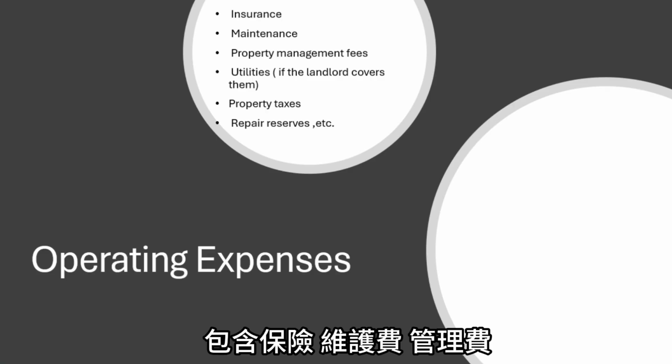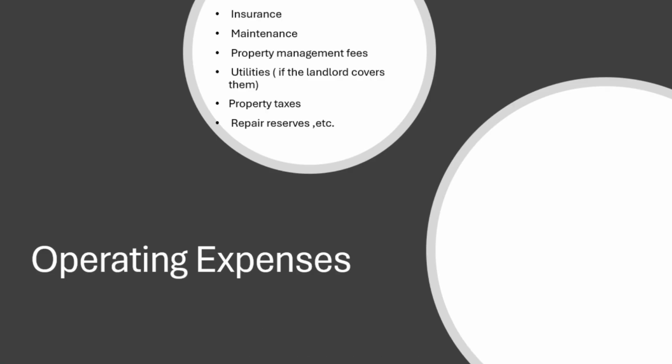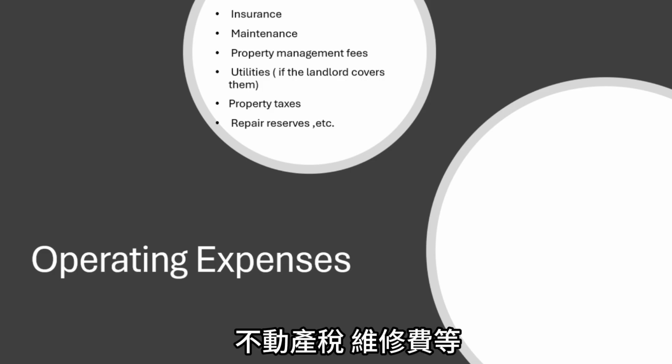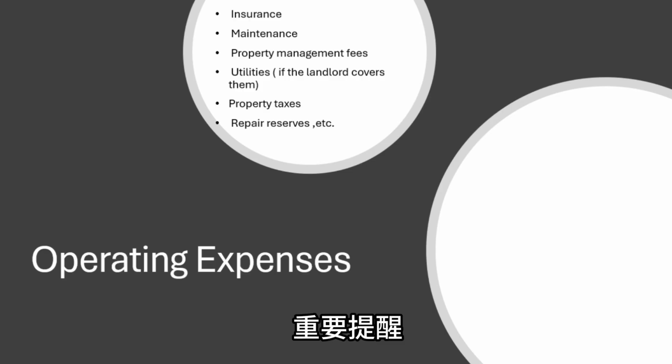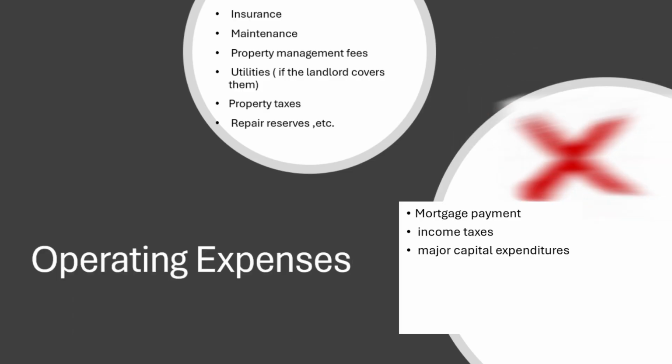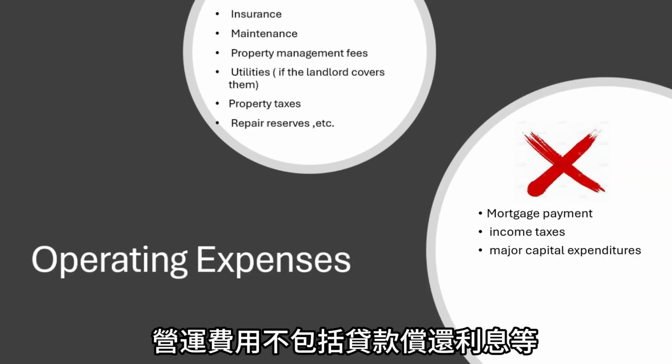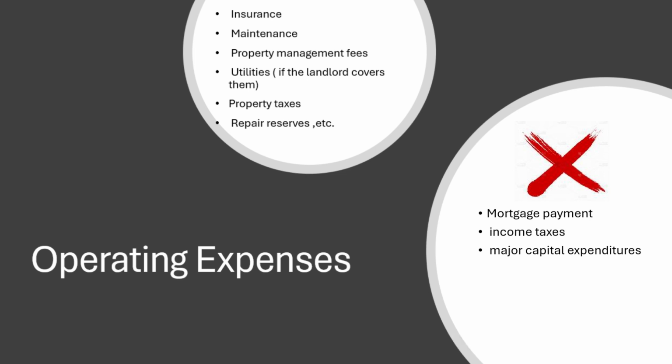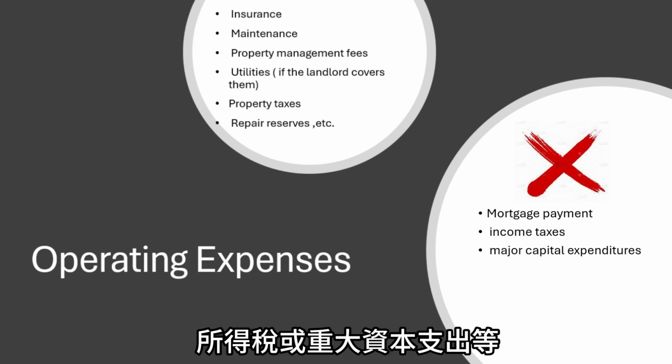Then, subtract operating expenses. These include costs like insurance, maintenance, property management fees, utilities, property taxes, and repair reserves. One important point here: don't include mortgage payments, income taxes, and other major capital expenditures when calculating net operating income.